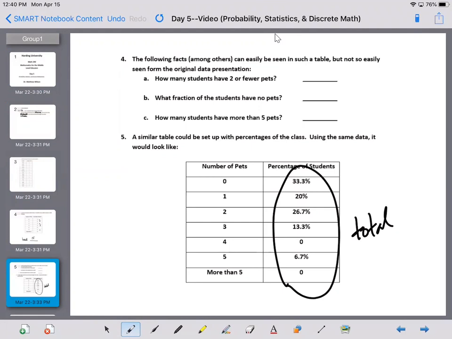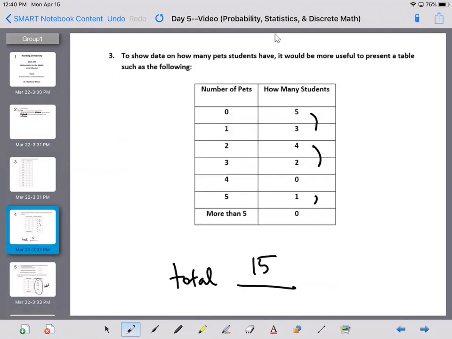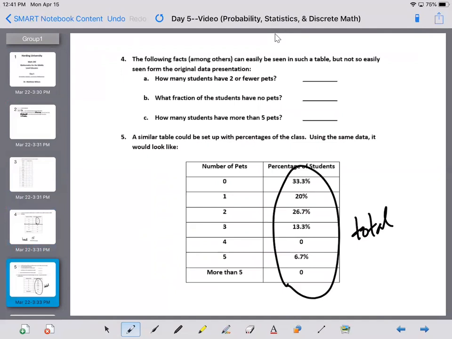So going back to our original, the page before, how many students have 2 or fewer pets? Well, if they have 2 or fewer, we're looking at this section right here. We would look at this number, and that would be 12. So 12 students have 2 or fewer pets. What fraction of the students have no pets?